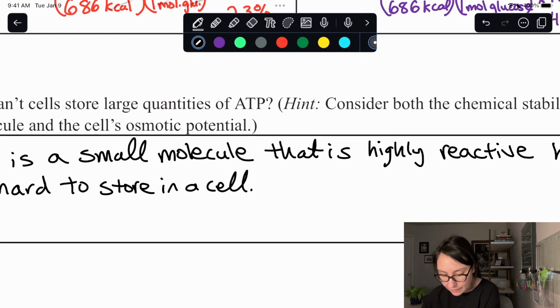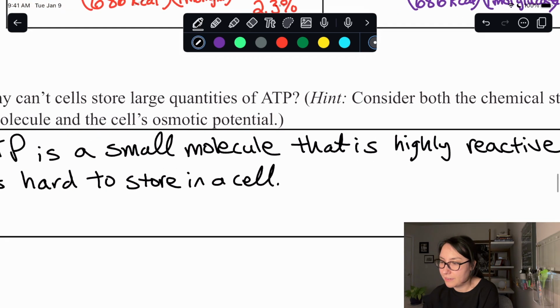And then the other thing you want to talk about is the osmotic potential, because again, think about the cell's osmotic potential.